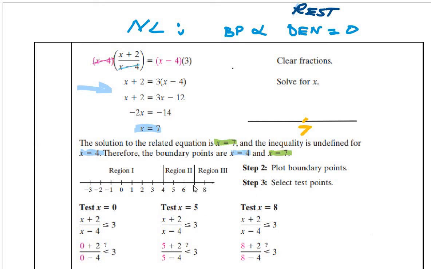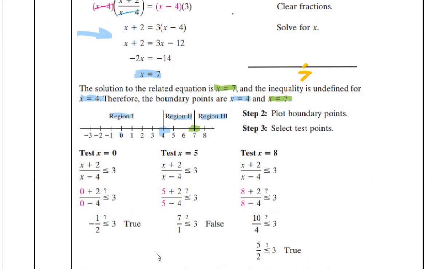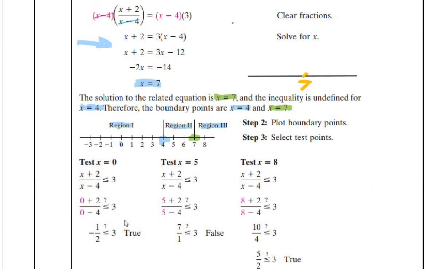Now we can put the boundary point on the number line, and you also put the restriction on the number line. There you have your 3 regions again, and you go check. In region 1, for instance, you can take 0, and you see that it is true.